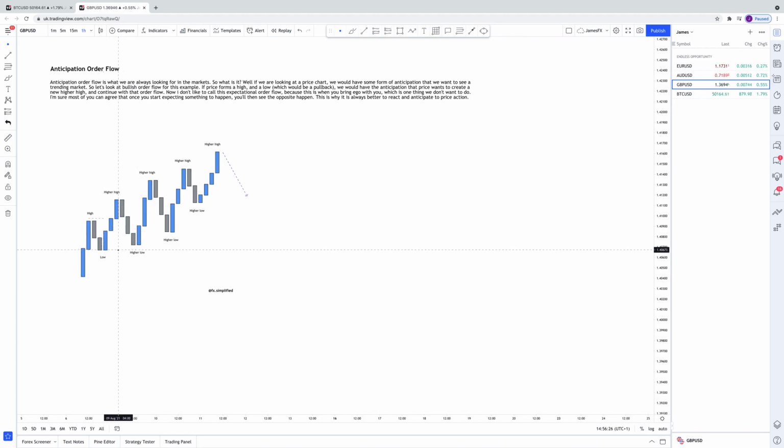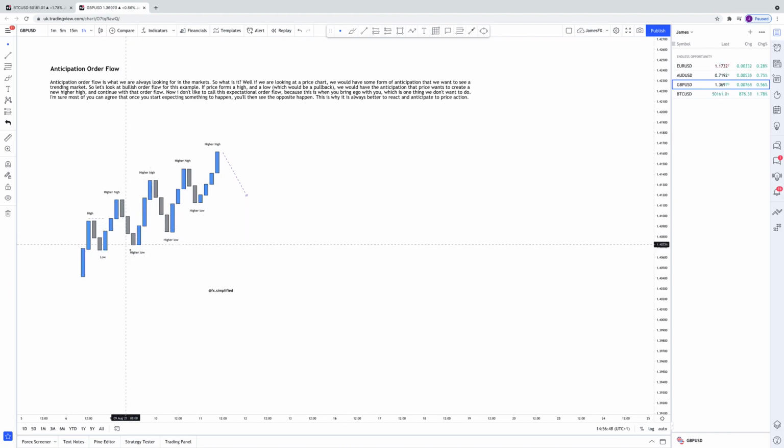As I said, it might come down, seek liquidity, or tap into an unmitigated area, and it might also come down to form equal lows, wick below, but depending on how price is delivered, that's not considered a breach of that higher low.